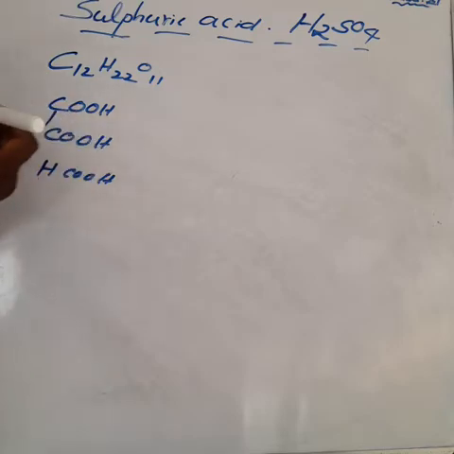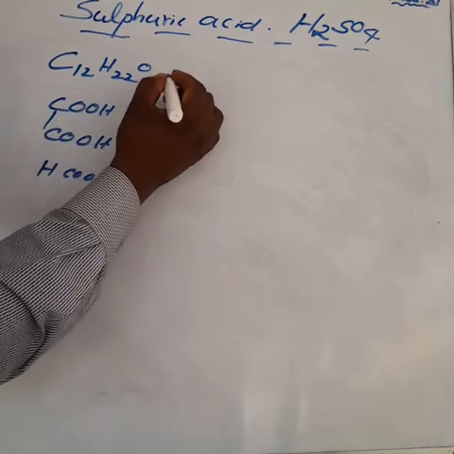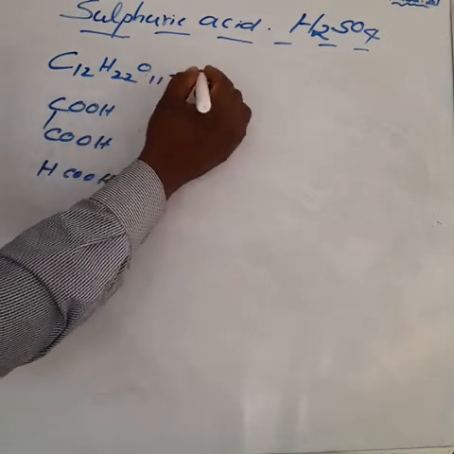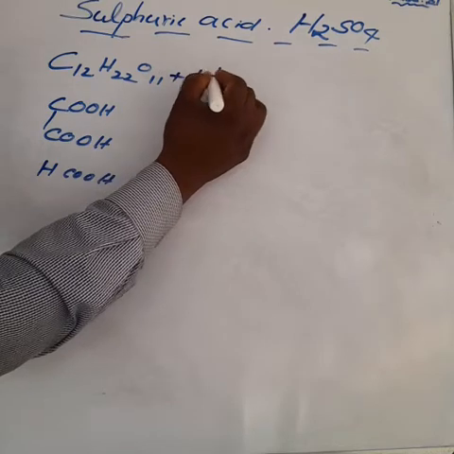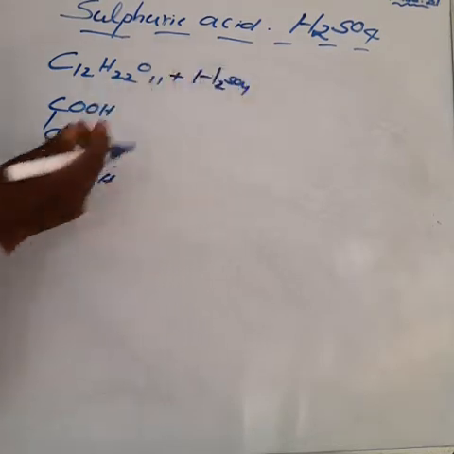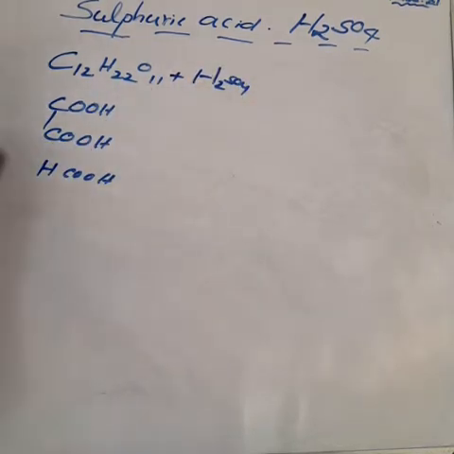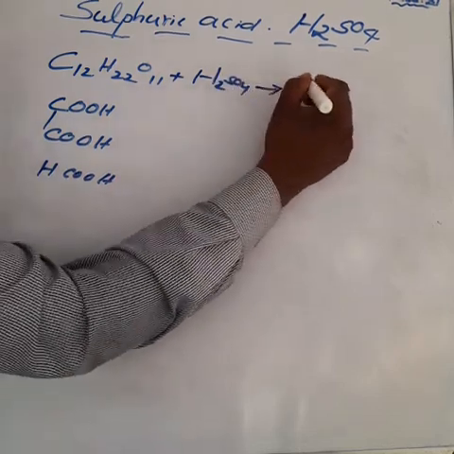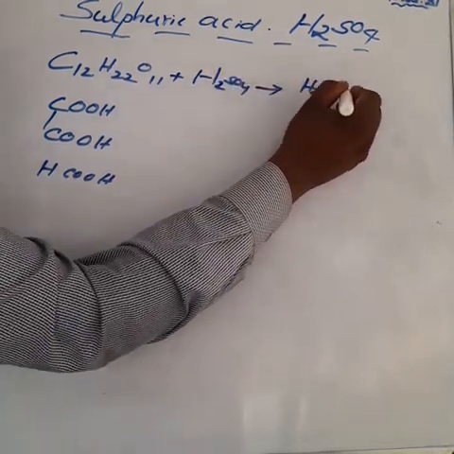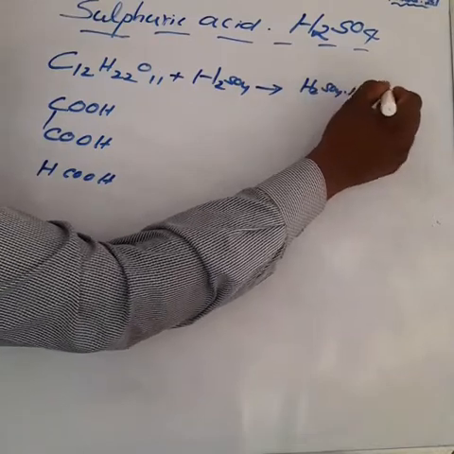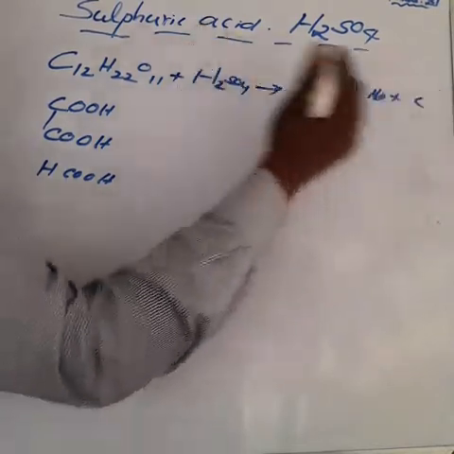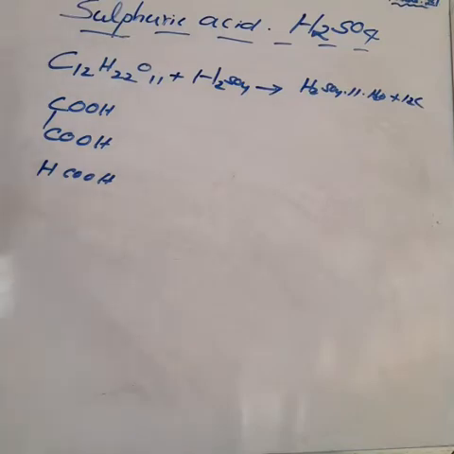Sucrose reacts with sulfuric acid, which combines with the hydrogen and oxygen, we get H2SO4 dot 11H2O plus carbon. How much carbon is there on the product side? 12 carbon. So make it 12 carbon. Now the equation is balanced. Next, I am taking oxalic acid.